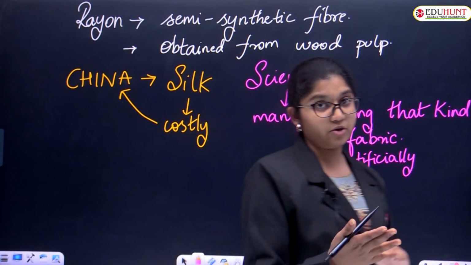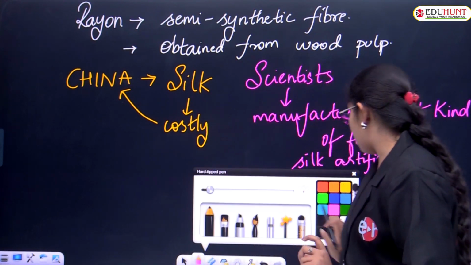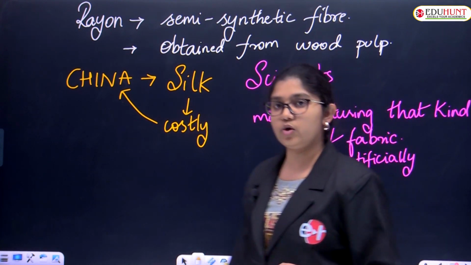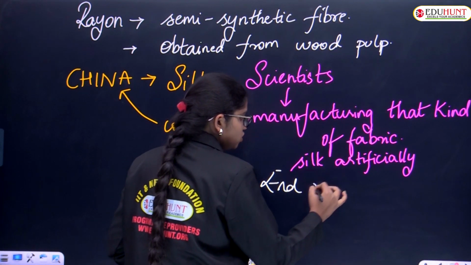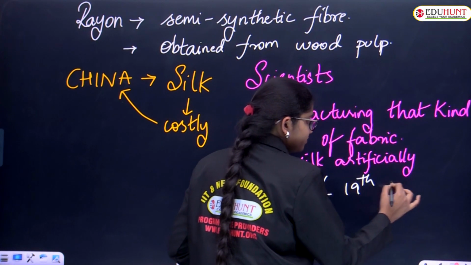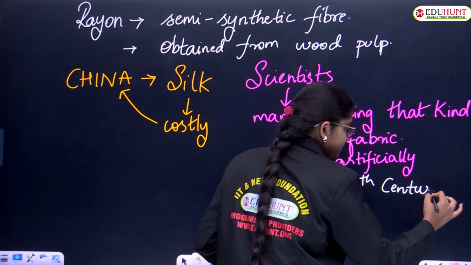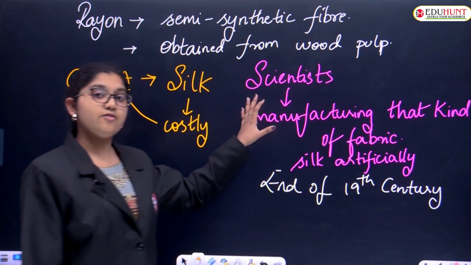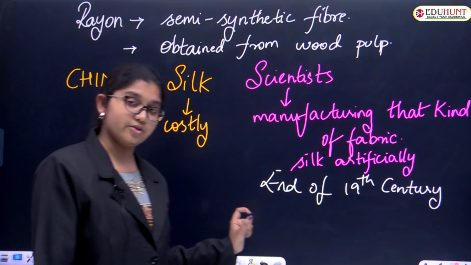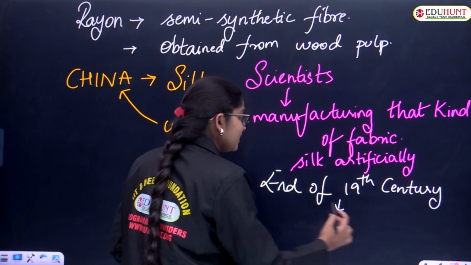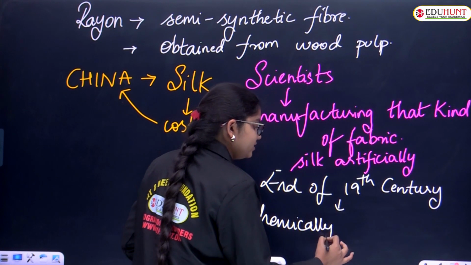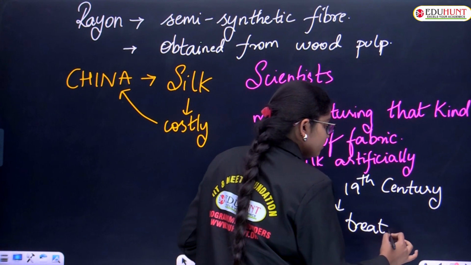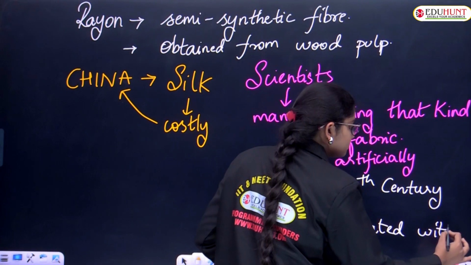You know what happened after the process? At the end of the 19th century, these scientists developed that kind of fiber. You know how? They chemically treated wood pulp.